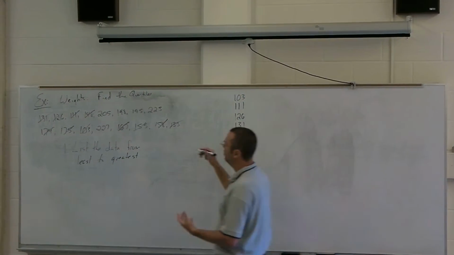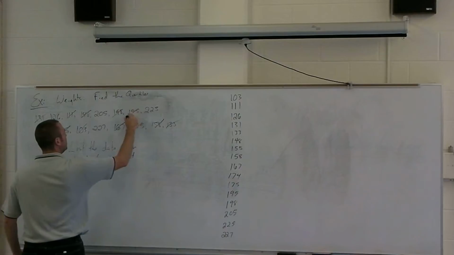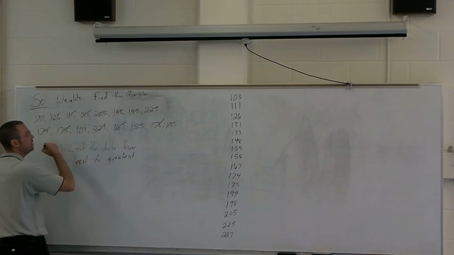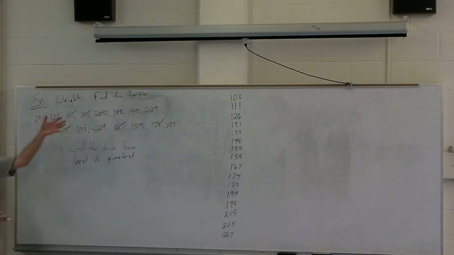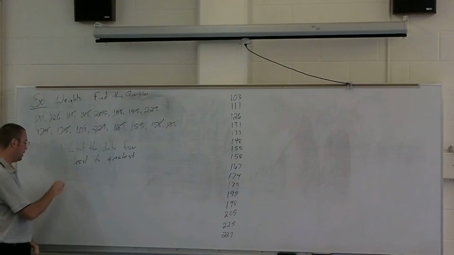Now what? Well, now we have the option of doing a couple of things. Our goal here is to split this list of data into 4 equal groups where there's the same percentage of data within each group. So step 2.